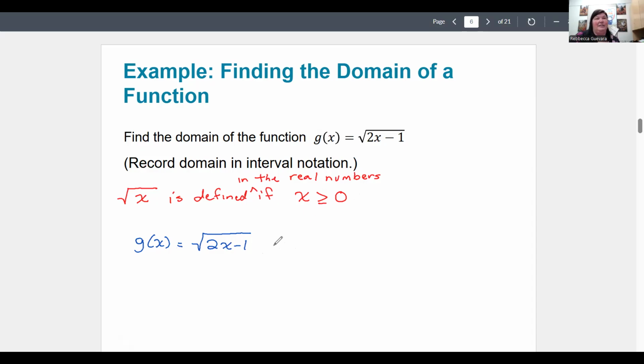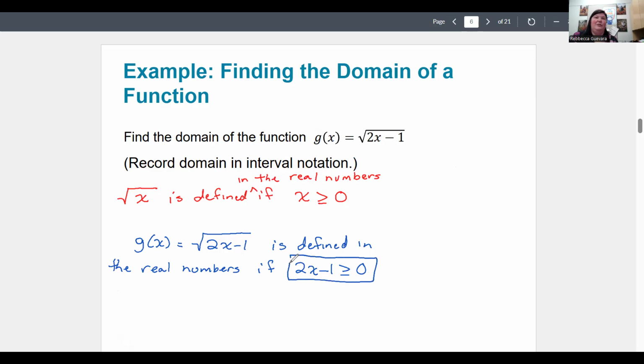So g of x is defined in the real numbers if 2x minus 1 is also greater than or equal to 0, because then it makes sure that whatever is under that radical sign is going to be a 0 or a positive value. So this is the only place it can be defined. We just need to take this part here and get some values for that.